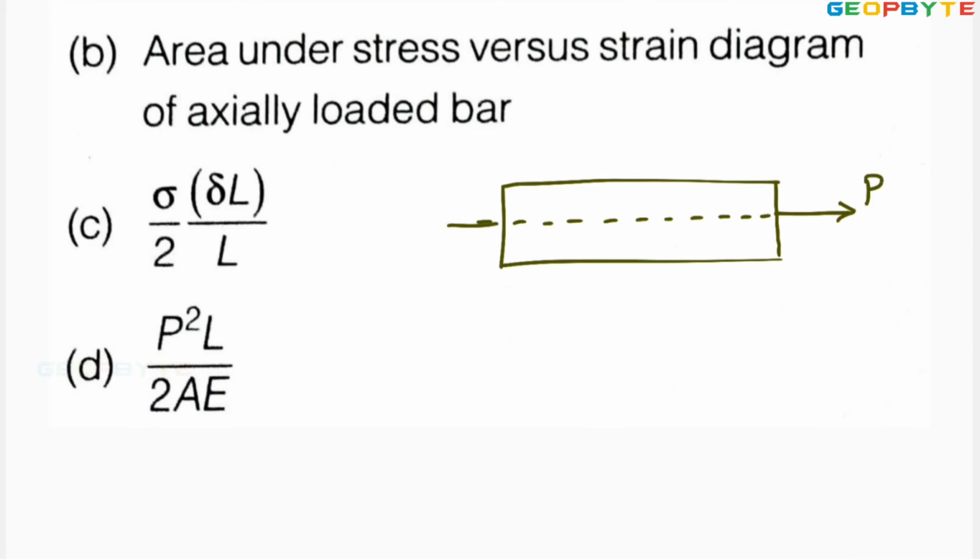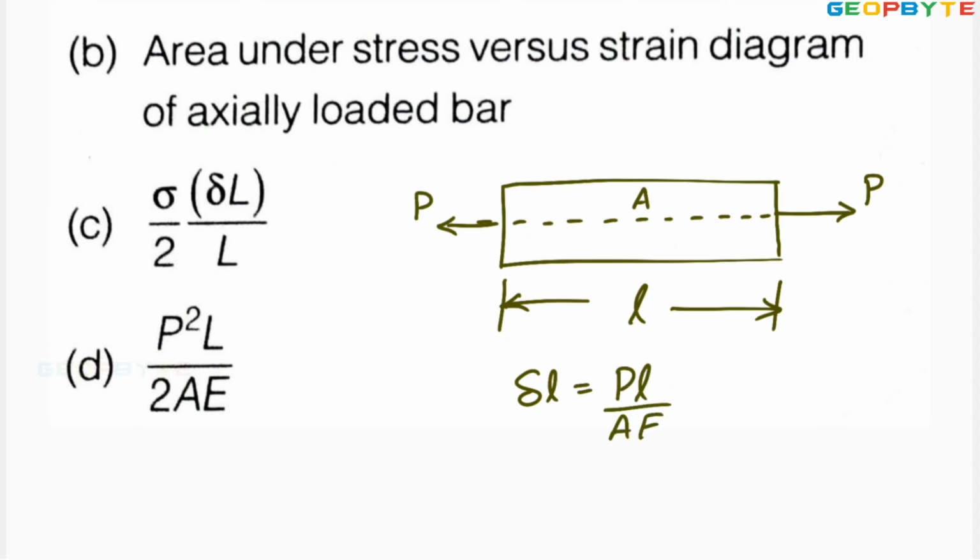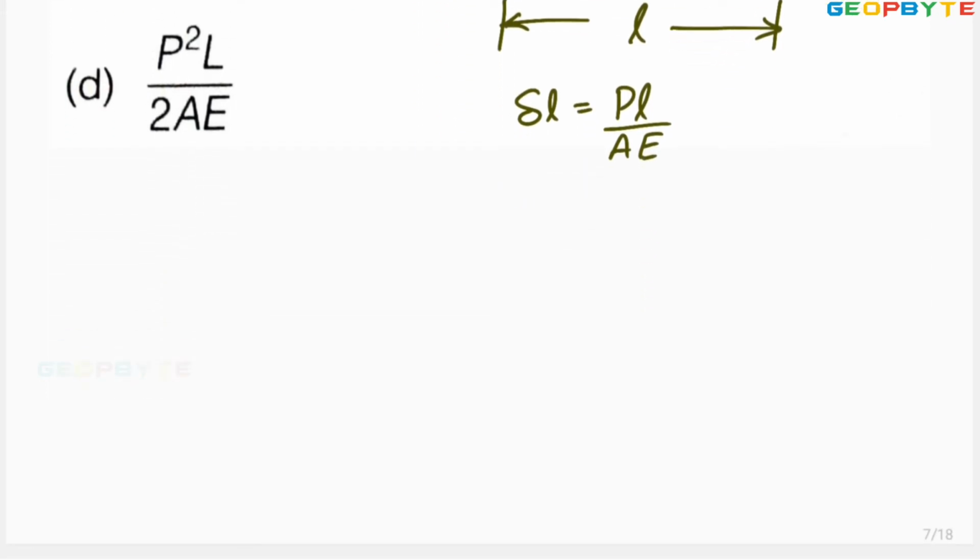The length of the bar is given L. Area of cross section of the bar given A. Then change in length due to axial load equal to PL by AE, where E be the Young's modulus. You know, strain energy is the energy stored within the elastic limit.